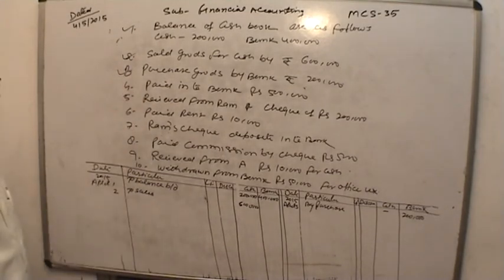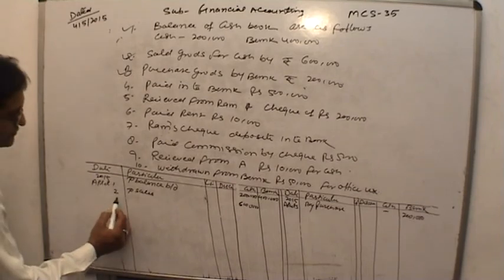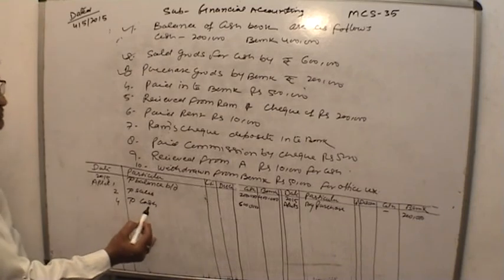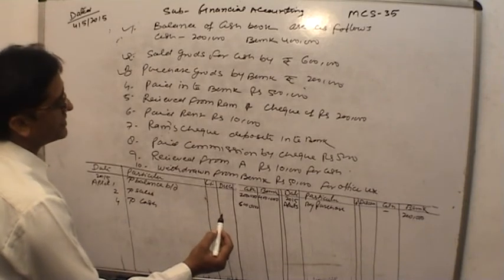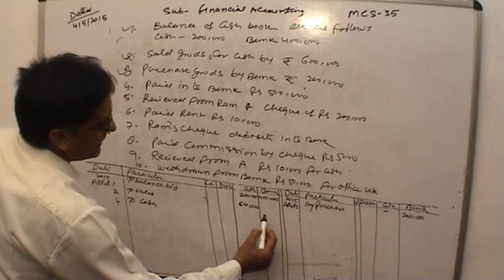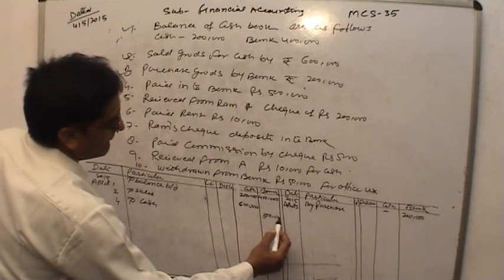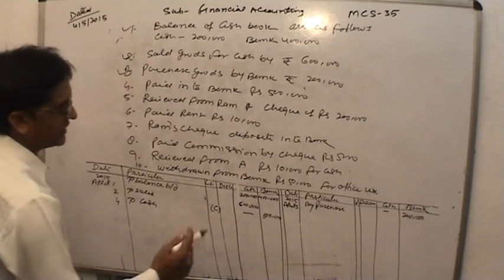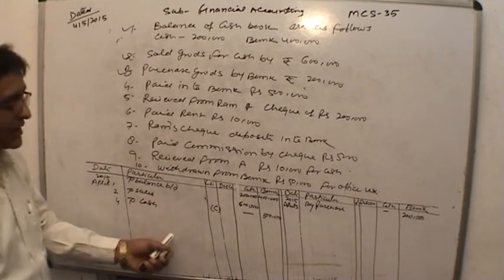Now paid into bank rupees 5 lakh, that means deposited into bank, and it is a contra entry. So written as 4th, to cash, bank column rupees 5 lakh, and here is a dash, and in LF we indicate the letter C for contra.